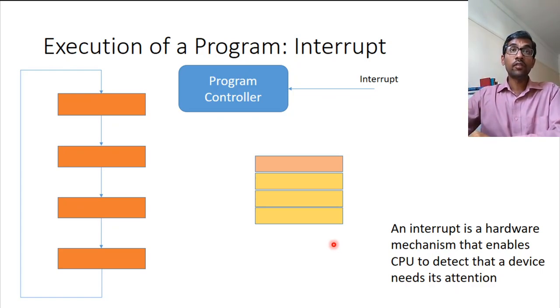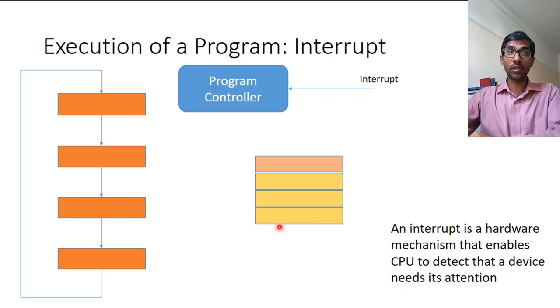Here's how this functions. When an interrupt arrives, the program controller, instead of asking the microcontroller to execute the next line of code, tells the microcontroller, don't execute this one, go and execute these lines of code first.